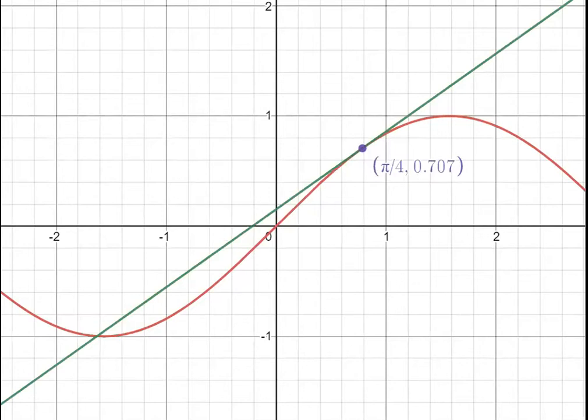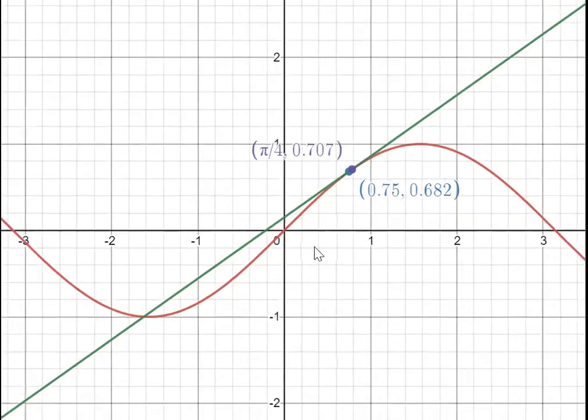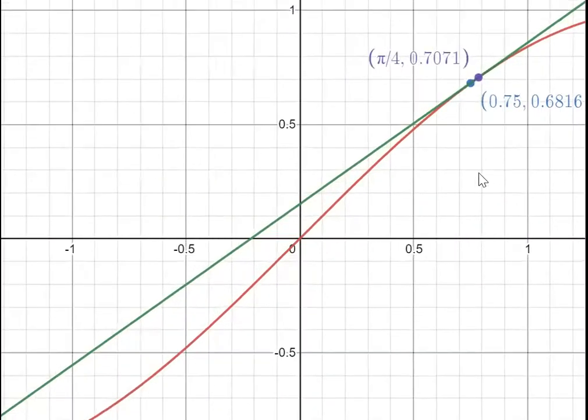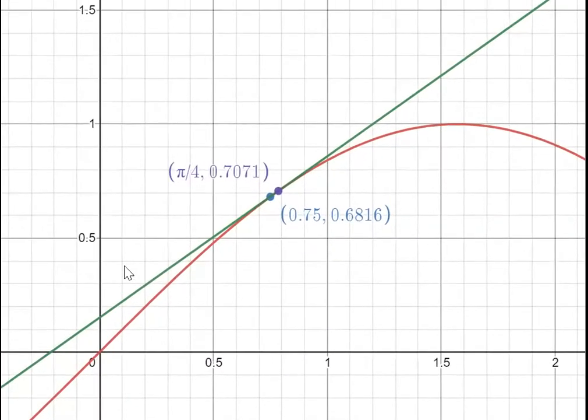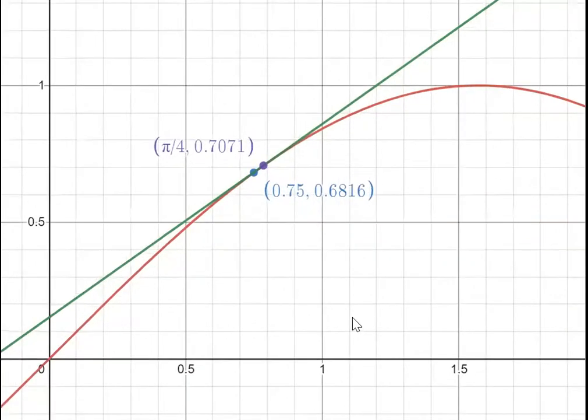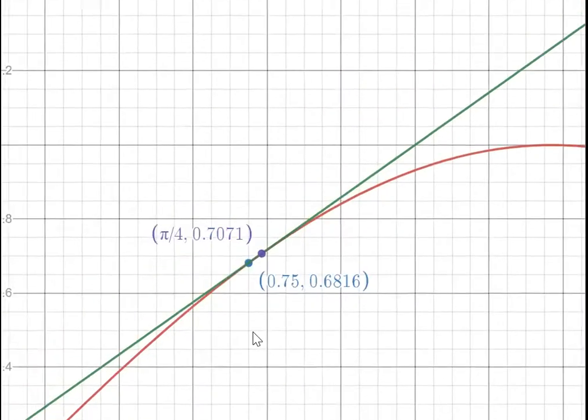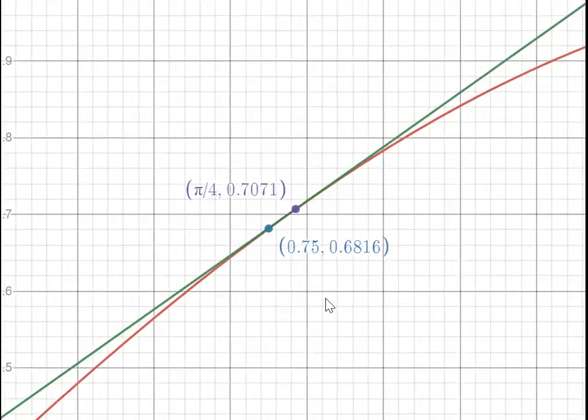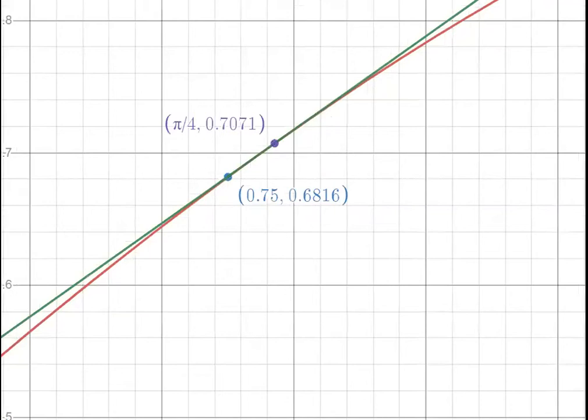Since 0.75 is very close to the point pi over 4, we use the point 0.75 on the linear approximation function to approximate the sine at 0.75. So I'm going to put another ordered pair to compare each one.